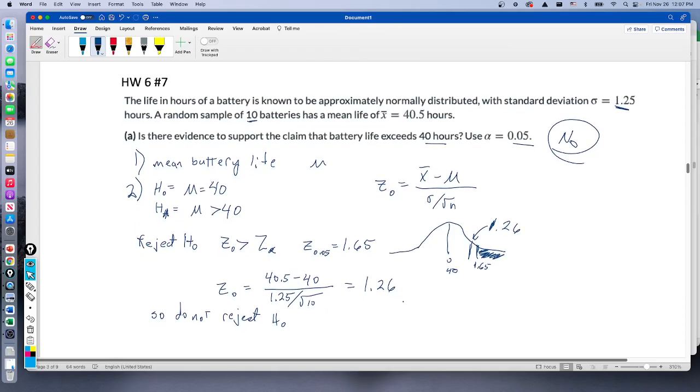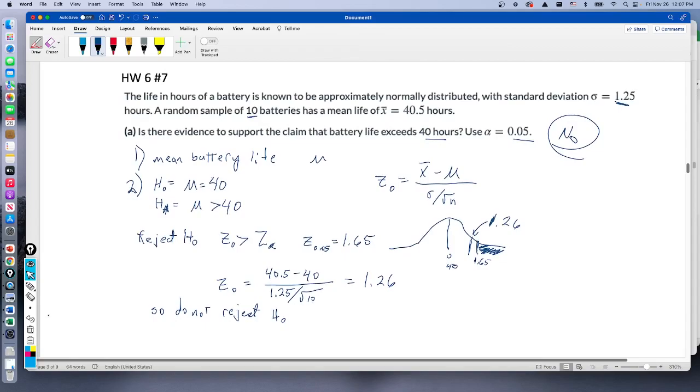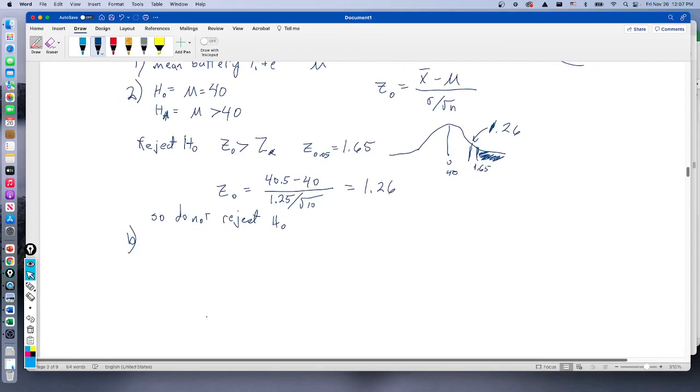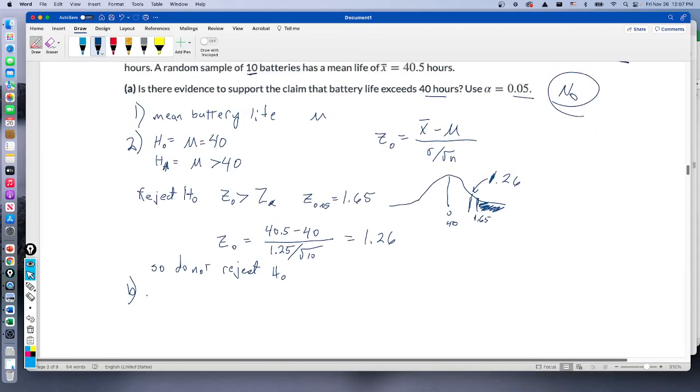There's also supposed to be a B question in here. It says, what is the p-value for the test in part A? I don't think I got it copied in here, but I'll go ahead and do that. So the p-value. Well, a p-value is going to be 1 minus phi of the z-score that we got.